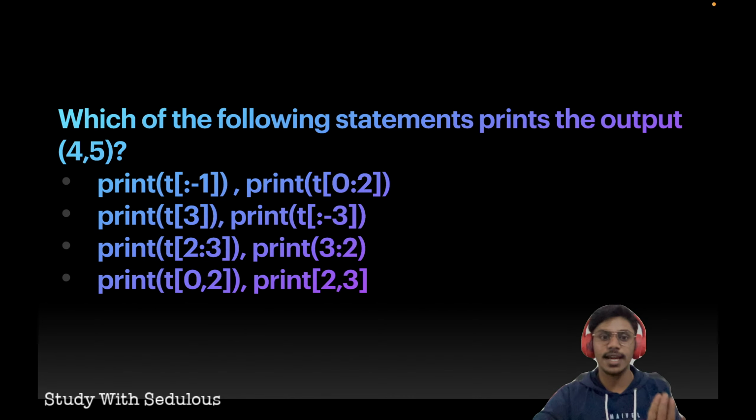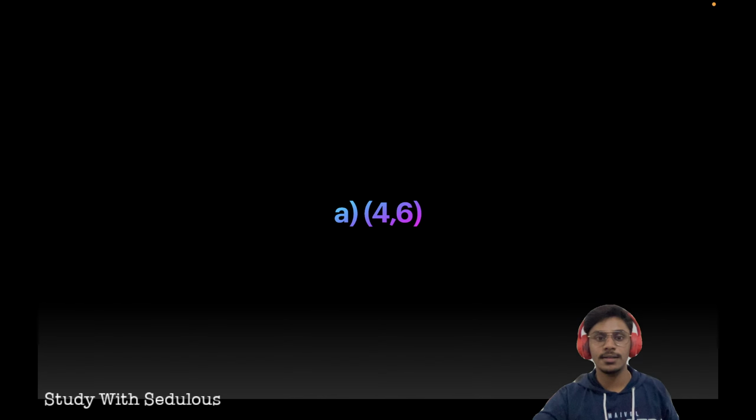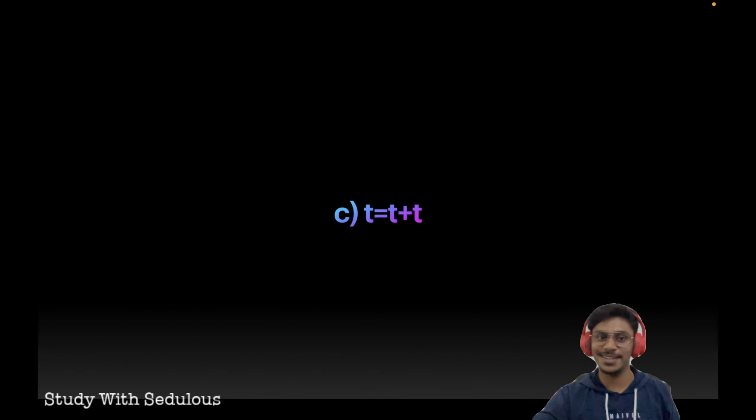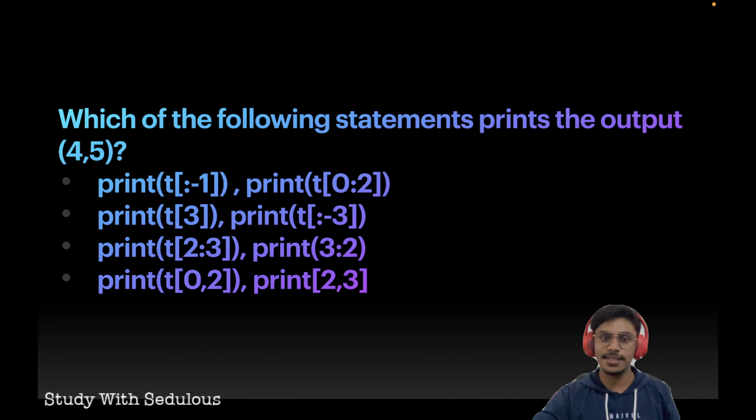So answer is A, but let's see what answers we get for B, C, D. B will be getting only the third element. Third element, no, we actually don't have a third element. So that's not the right answer. B is cut off. Then print 2, 3 and 3, 2. 3, 2 we can't have printing out because it is the opposite direction.